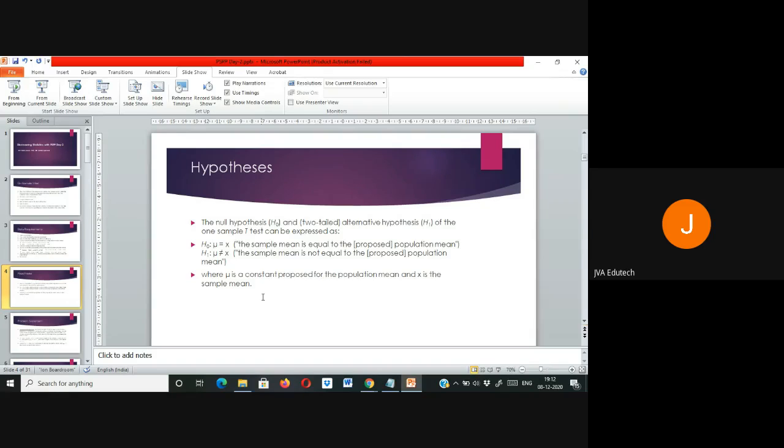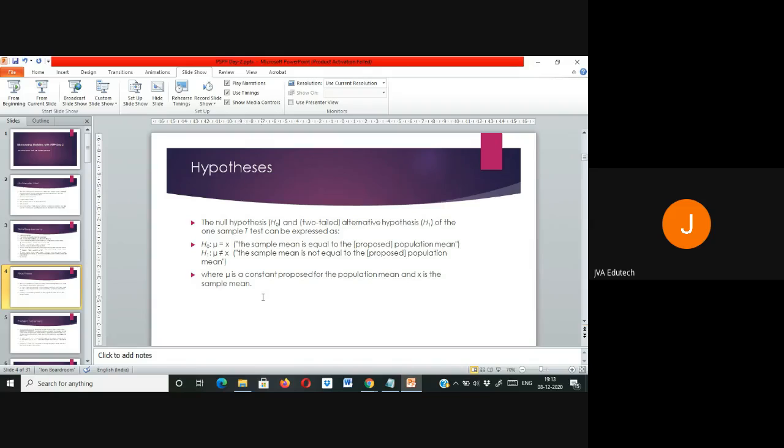So here mu is your population mean and x bar is your sample mean. Normally, in a one sample t-test, for the null hypothesis we write that there is no significant difference between two variables or two means. So if we are saying that mu is equal to x bar, that is, the population mean is equal to the sample mean, in fact we are saying there is no significant difference between the two.